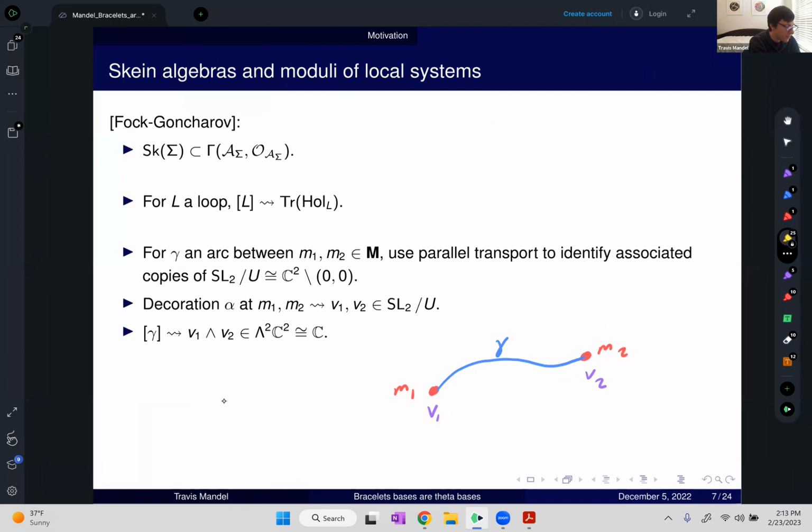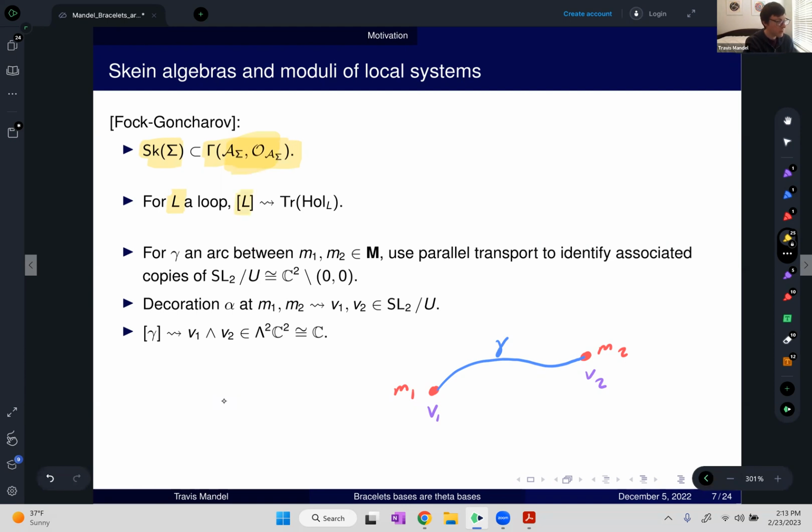So how does this connect to skein algebras? Basically, Fock and Goncharov found that the skein algebra of sigma consists of functions on this moduli space. So given a loop in your surface sigma, what's the corresponding function on the moduli space?